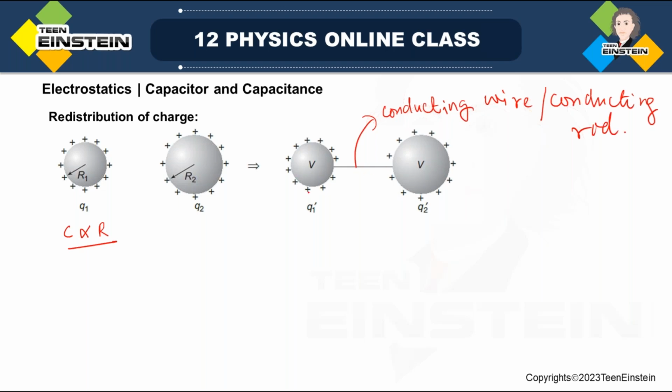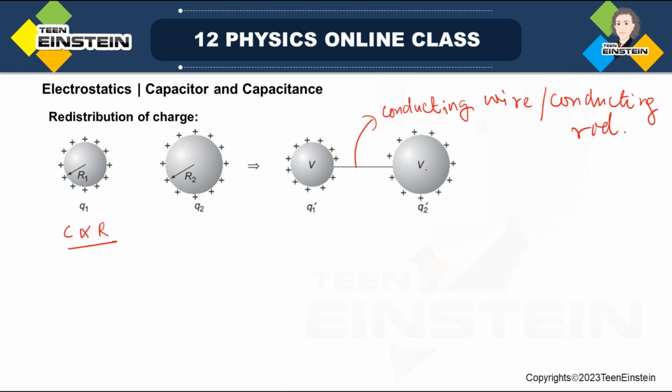The charge will be redistributed among them, and charge will flow in such a way that the potential of both becomes equal.